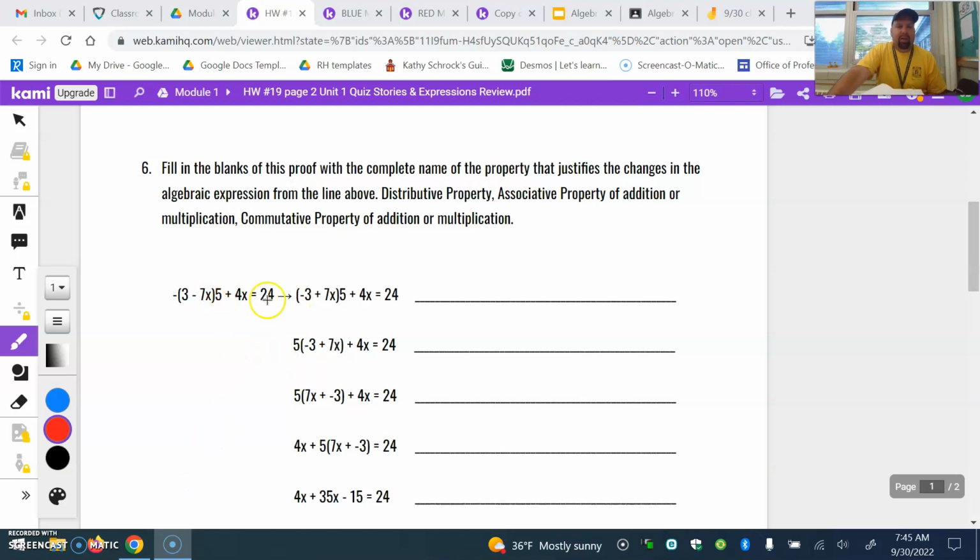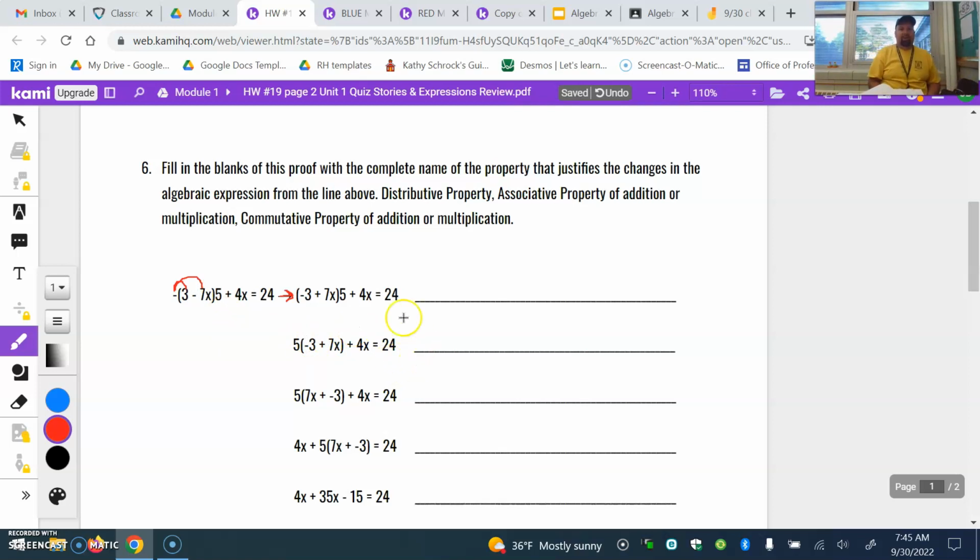Okay. The first one is actually horizontal, and then the rest of them go down. So you can even see the arrow right here. So to go from this step to this step, the only change I see is I have this little negative sign here that seems to be in front of the parentheses, but then looks like it's getting distributed to everything in the parentheses.